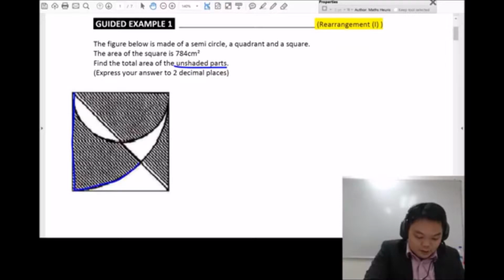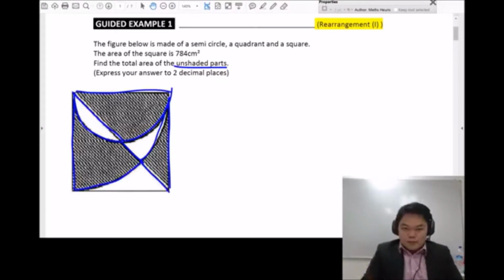It can be done, but it will take a very long time to find this individual area, this individual area, and this individual area. So this question can be done within 1 step alone. How do we understand this problem first?